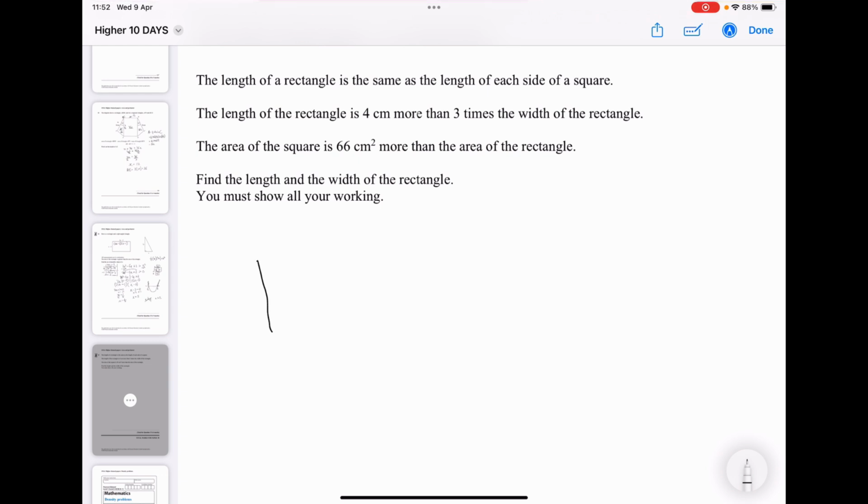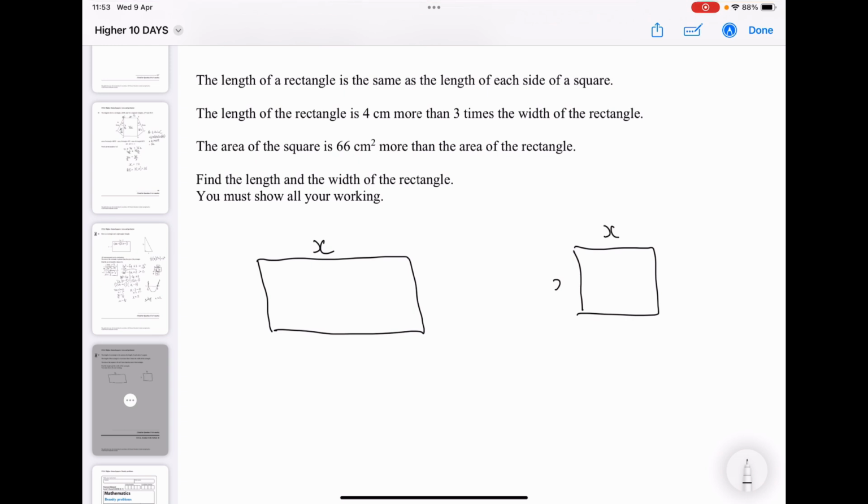Length of a rectangle is the same as the length of each side of a square. So, rectangle, square. Each side of the square, let's call it x. And let's call the length x. The length of it is 4 centimetres more than 3 times the width of the rectangle.